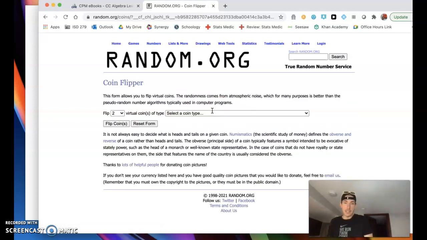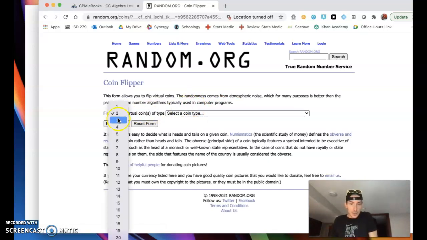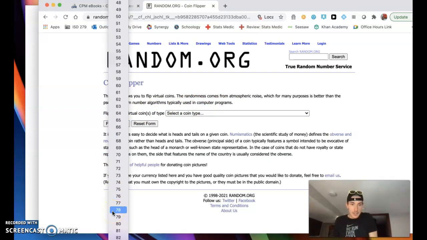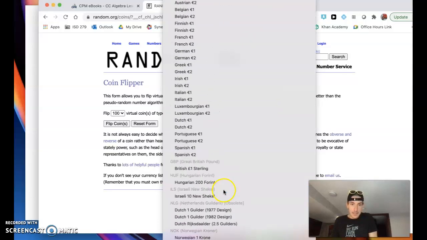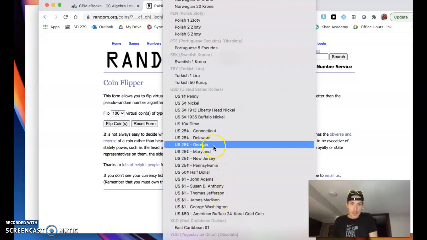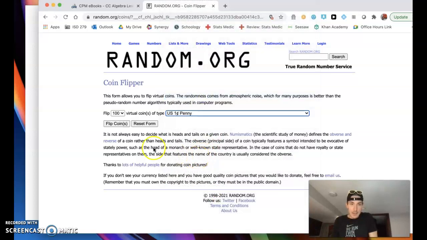I want to start with 100 coins, so I'm going to tell random.org's coin flipper to give me 100. And because we're talking about pennies, I'm going to scroll. We might as well make it a US penny, and I can just click flip.